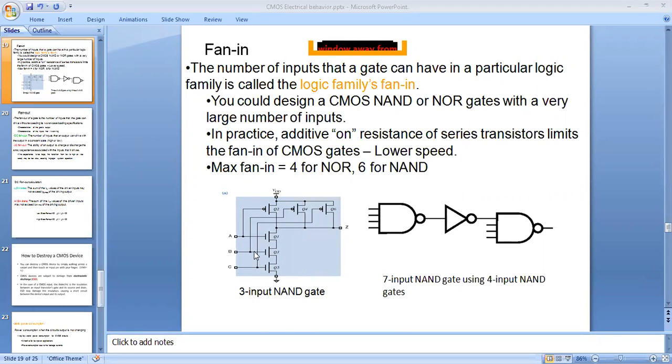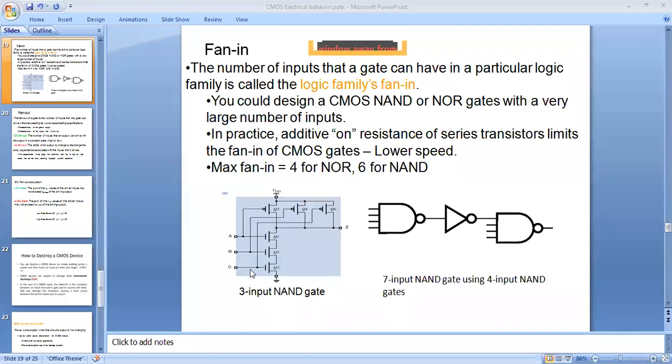If we want 4 fan-in, then how many PMOS and NMOS transistors are required? We must have 4 PMOS and 4 NMOS transistors.